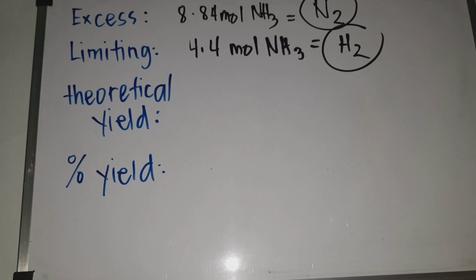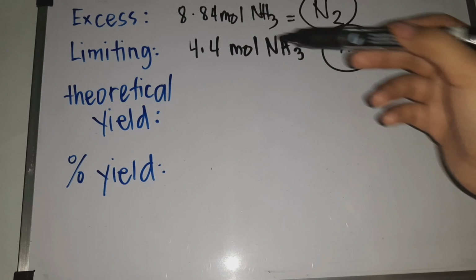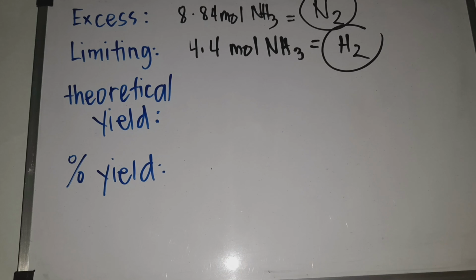In using the H2 in a chemical equation, we can have the smallest amount of product, which is 4.4 mole of NH3. At the same time, this 4.4 mole of NH3 is our theoretical yield.